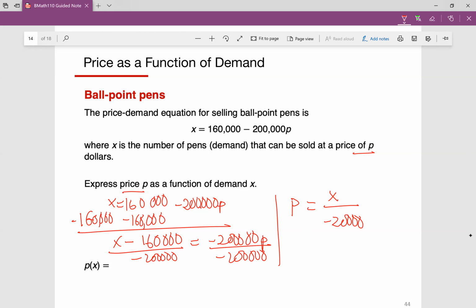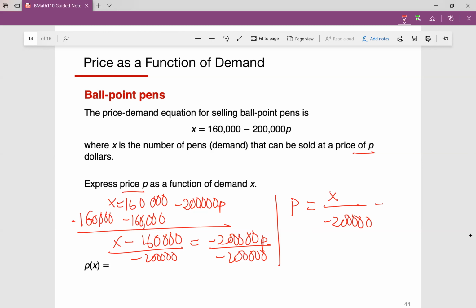and minus 160,000 over 200,000. What is that going to be? Use a calculator, and you will get 0.8.